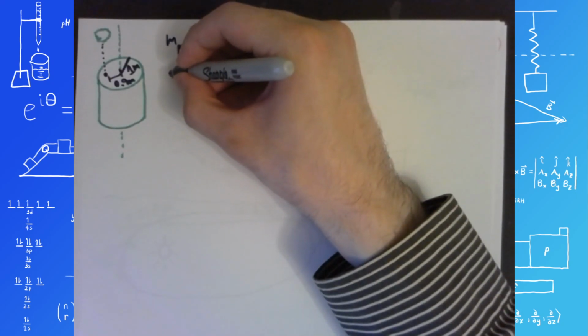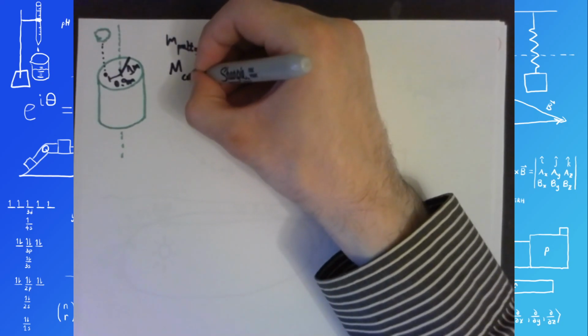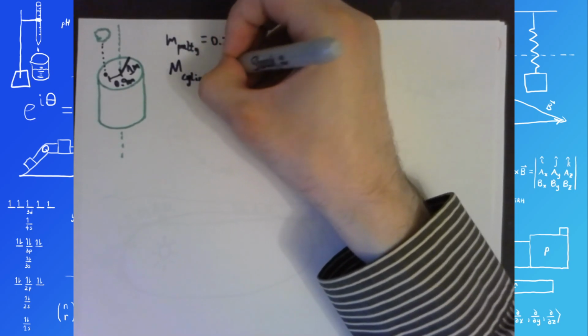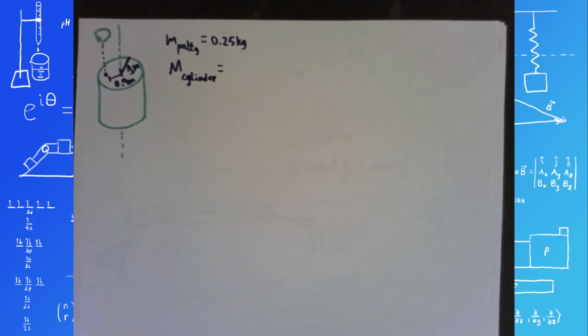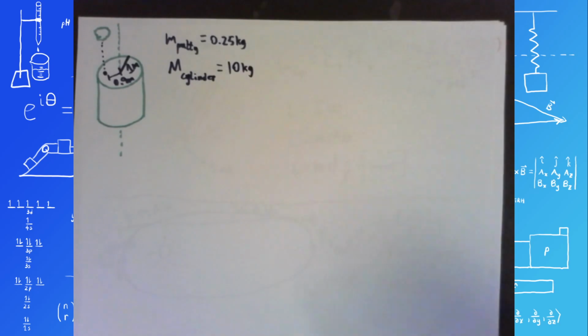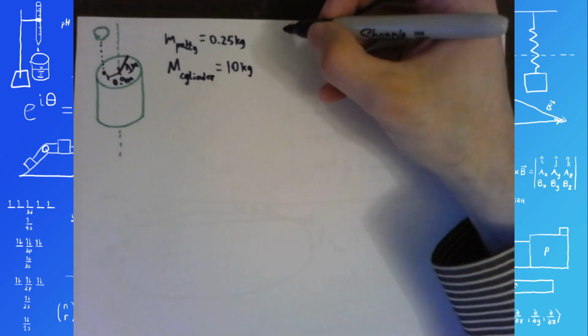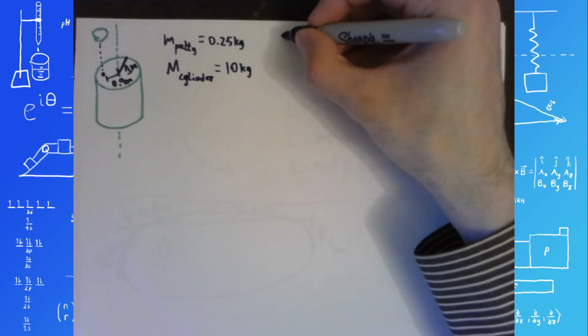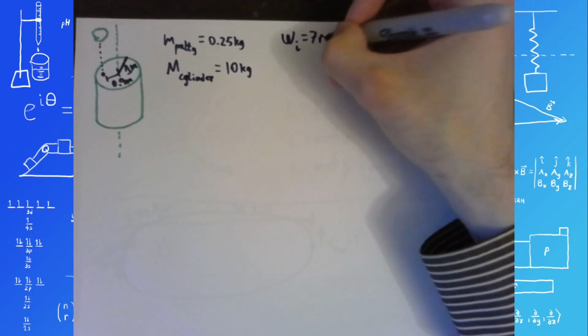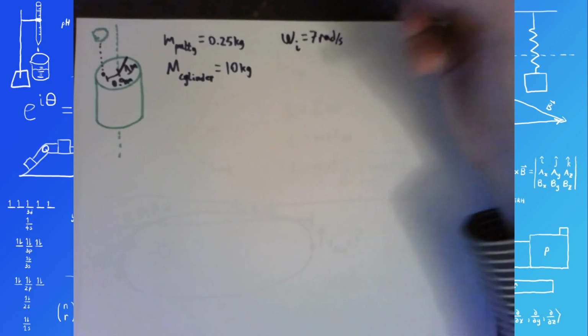And the cylinder itself, I'll give that a capital M. Cylinder is equal to 10 kilograms. And it rotates with an initial angular speed of 7 radians per second. Omega initial equals 7 radians per second.